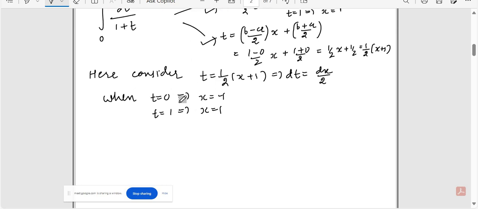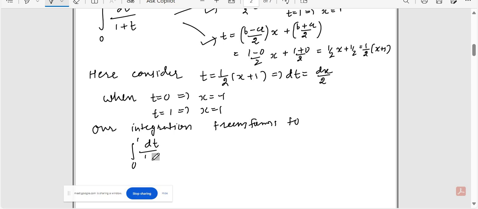So this is the first part of this example. Our given integration transforms to integration 0 to 1 dt upon 1 plus t, which gives minus 1 to 1, 1 upon 1 plus t, where t is replaced by 1 by 2 x plus 1, into dt, and dt is dx by 2.